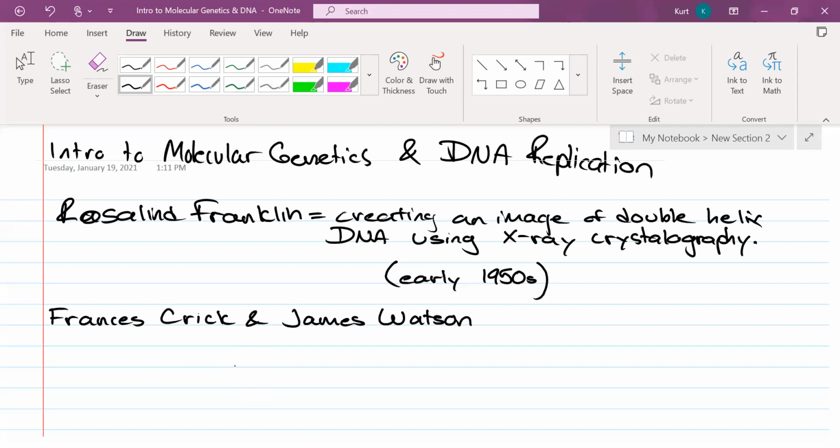And as I said, whenever we talk about the discovery of DNA, a lot of people go straight to Watson and Crick. They would not have been able to do what they did if it wasn't for Rosalind Franklin's work.